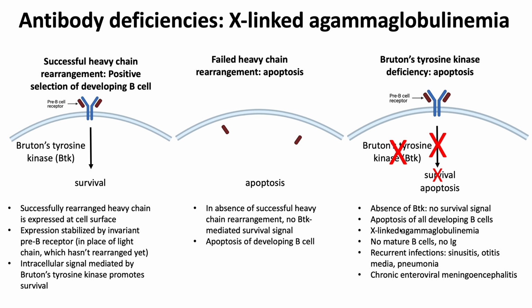This leads to a disease called X-linked agammaglobulinemia and leads to apoptosis of all developing B cells. So no mature B cells, no immunoglobulin, you get these recurrent infections and can be susceptible to chronic enteroviral meningoencephalitis.